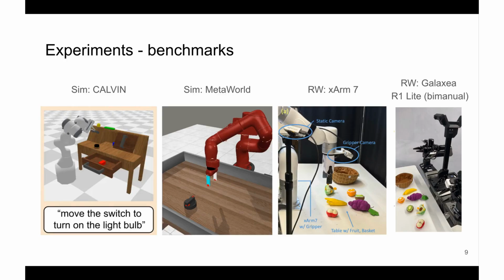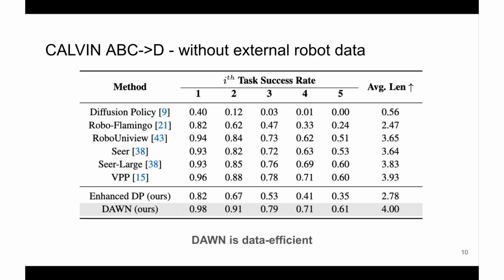We benchmark our methods across multiple simulated and real-world environments. On CALVIN, we choose a challenging setting where the model was trained on three sets of tasks A, B, and C, and then tested on the unseen task set D. Without any external robot data, we achieved state-of-the-art performance compared to many other strong baselines, which shows that DAWN is data efficient, especially with limited benchmark data.